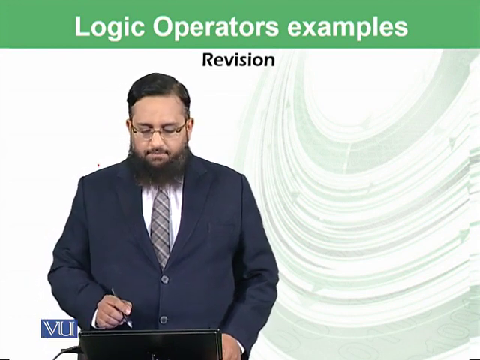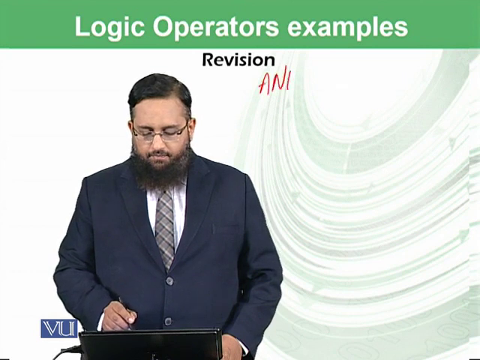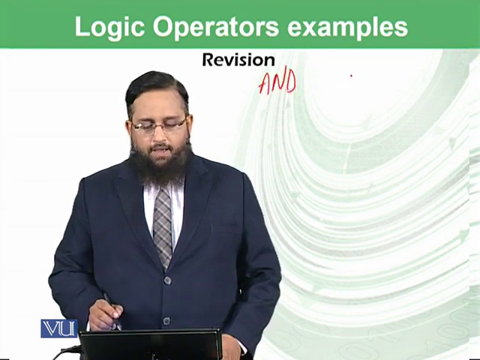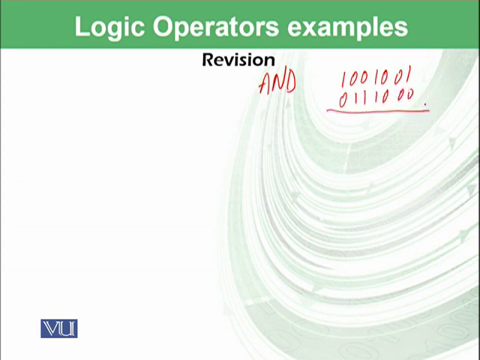So for example, if there is an AND operator, you know that we have 2 bit patterns, 1 0 0 1 0 0 1 and 0 1 1 1 0 0 0. You know the logical AND gate performs so that whenever we have two bits that are 1, it will give you 1, otherwise it gives you 0.